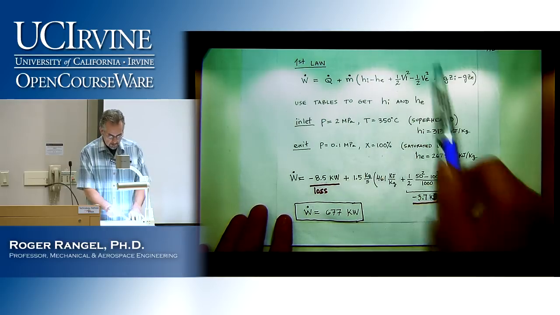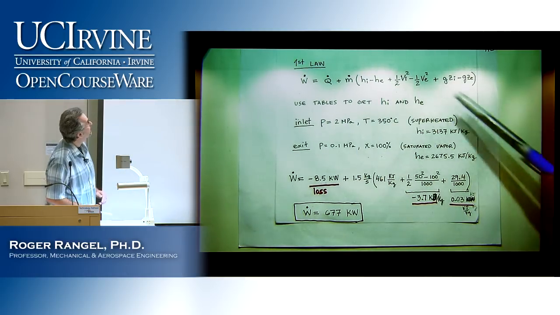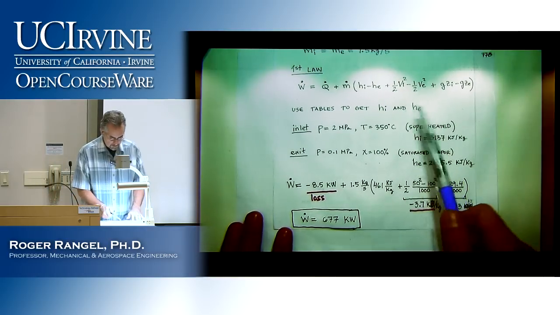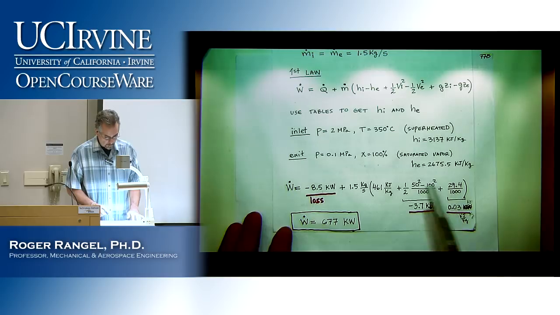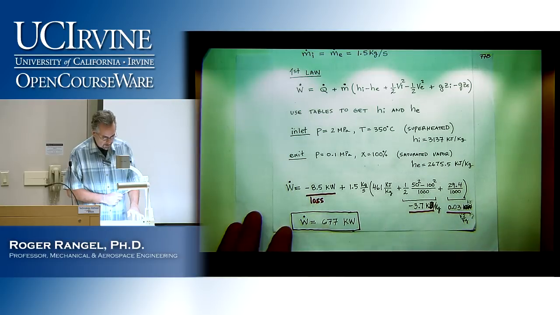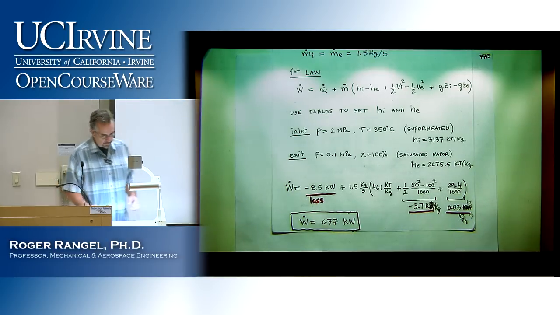So by keeping all of the numbers, by not neglecting anything a priori in this problem, we have actually seen how the typical numbers for a problem work out in such a way that it is safe to make the assumptions of neglecting kinetic energy, potential energy, and heat transfer for such a turbine.